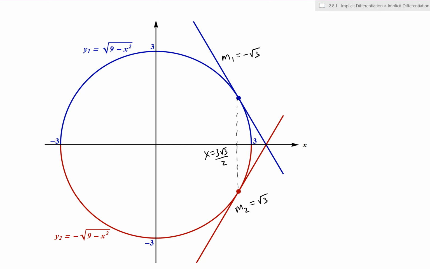We can take implicit relations and chop them into individually explicitly defined functions and then go about our business that way, finding each derivative for each explicitly defined function and then plugging in the corresponding values that we're interested in to find a slope. Problem is, sometimes that's not a very efficient method.